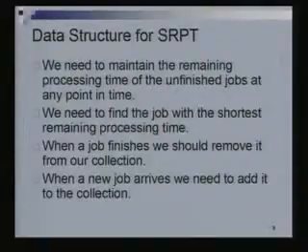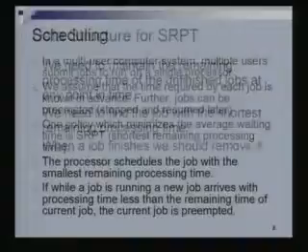Amongst these set of jobs, we need to find out the one which has the shortest remaining processing time, because we need that so that we can schedule the job according to the rule that we are following. When a job finishes, we would like to remove it from this collection, and when a new job arrives, we would like to add it to this collection. So these are the kind of operations that we need to do on our data structure to be able to implement the SRPT policy.